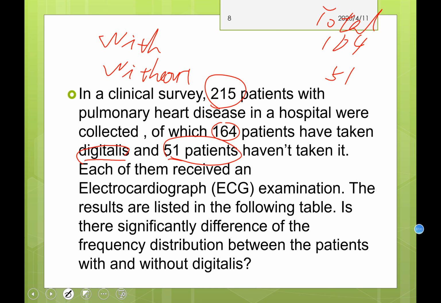But no matter how many levels are listed in the contingency table, we have already known by our analysis that there are two groups, and the total sample size is 215.